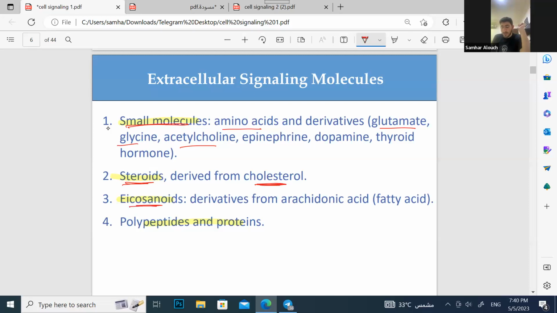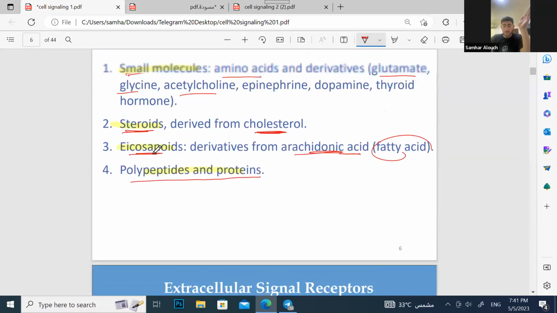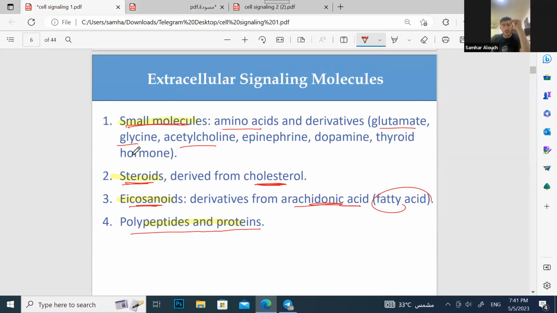Then eicosanoids, which come from arachidonic acid, a fatty acid. And finally, we have polypeptides and proteins. This is just memorization; you have nothing to understand here. Some of them can bind on both membranous and nuclear receptors, but these 4 can bind on membranous receptors. These are the ligands.